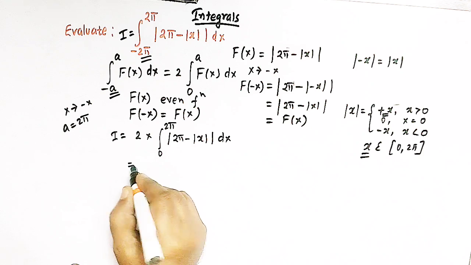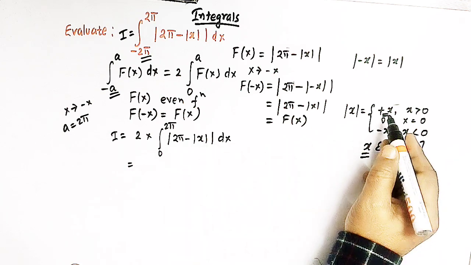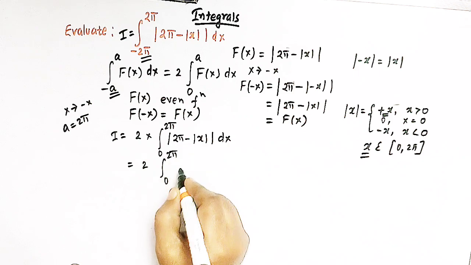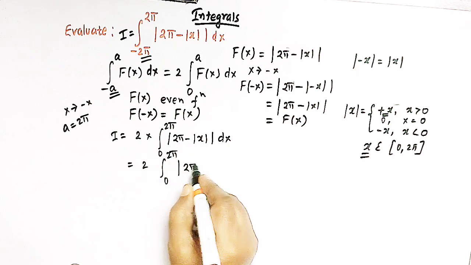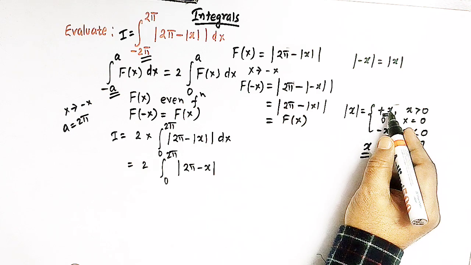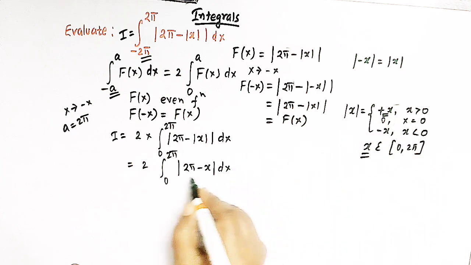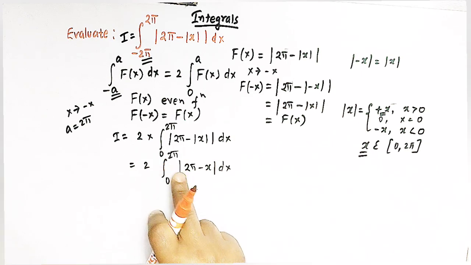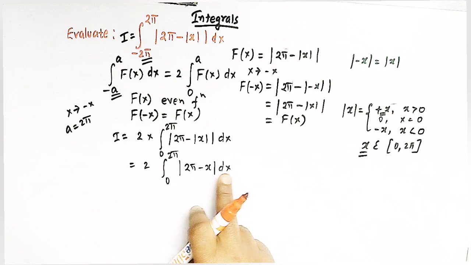So here we can now replace mod of x by positive x. So we have 2 times the integral from 0 to 2 pi of mod of 2 pi minus x dx, where mod of x is replaced by positive x. Now we have to evaluate this integral from 0 to 2 pi of mod of 2 pi minus x dx.